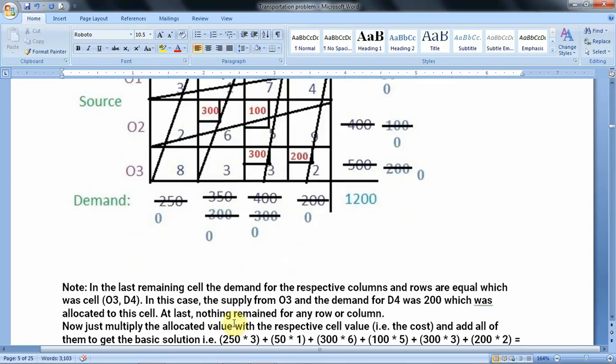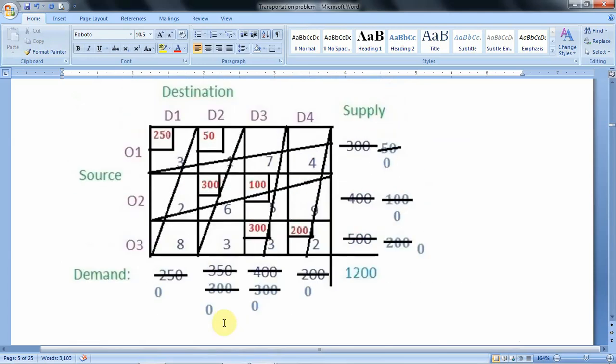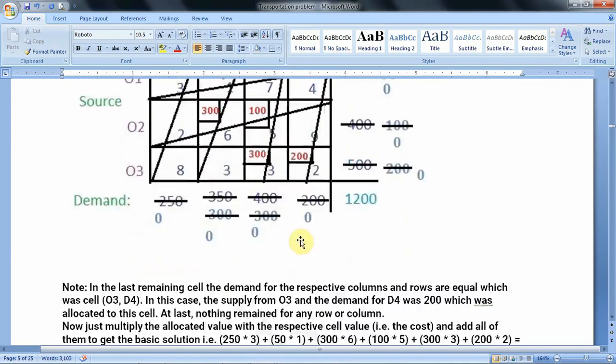So finally we can find the total transportation cost by the northwest corner method, that is 250 into 3 plus 50 into 1 plus 300 into 6 plus 100 into 5 plus 300 into 3 plus 200 into 2.